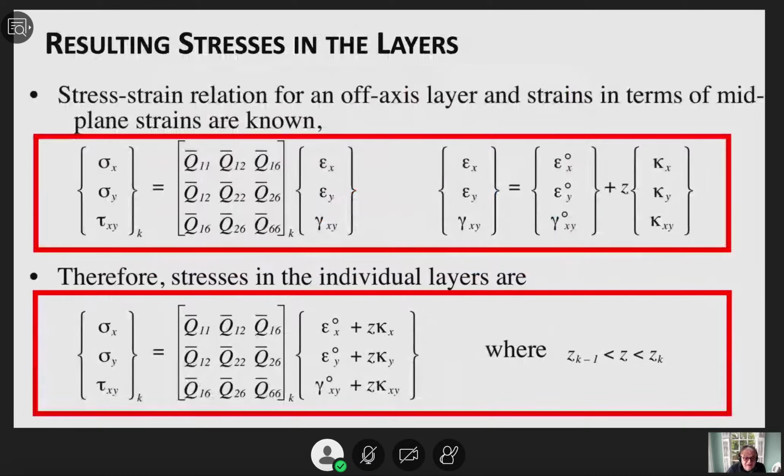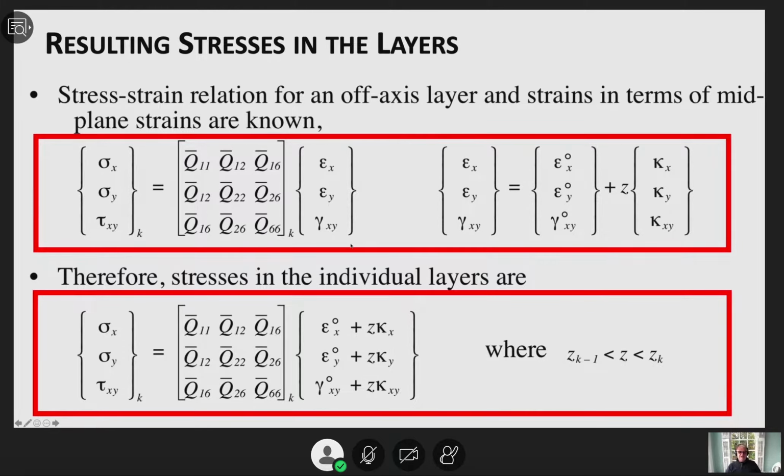And those, I can write those stresses in each layer for the kth layer with their reduced transformed stiffness matrix, Q bar of that layer, times epsilon x, epsilon y, and gamma xy.